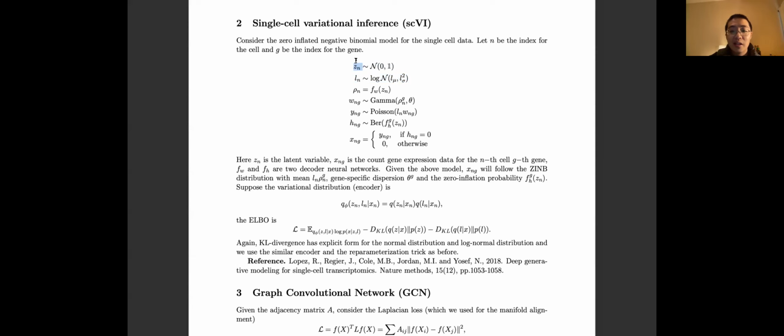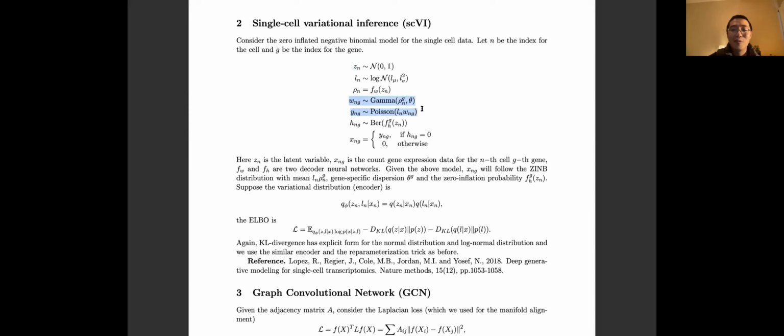First, given ZN, we use a neural network to get rho n, which is used to get WNG, which follows a gamma distribution. Based on that gamma, we suppose YNG follows a Poisson distribution.